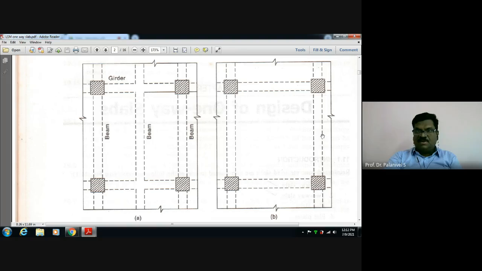That will be at the bottom of the slab. Over that reinforcement, in the long span direction also, we have to provide main reinforcement. But these bars will come above the shorter span bars. At the bottommost, the shorter span bars will be provided. Above that, the long span direction main bars will be provided. Please remember this is a two-way slab.